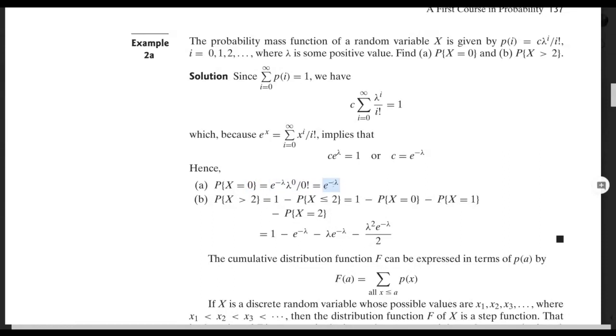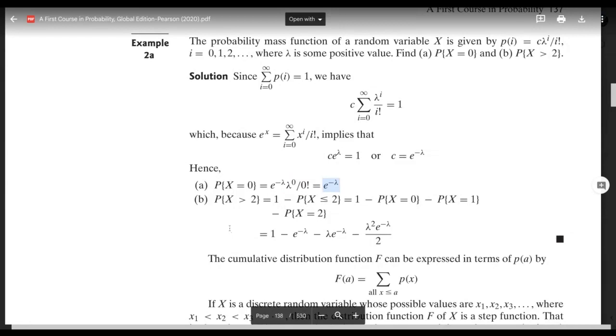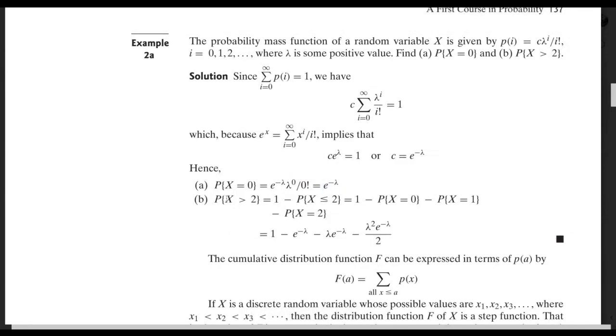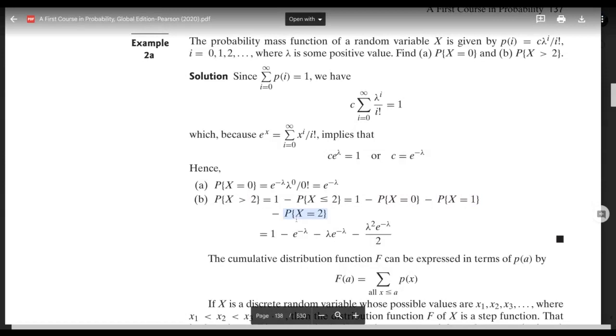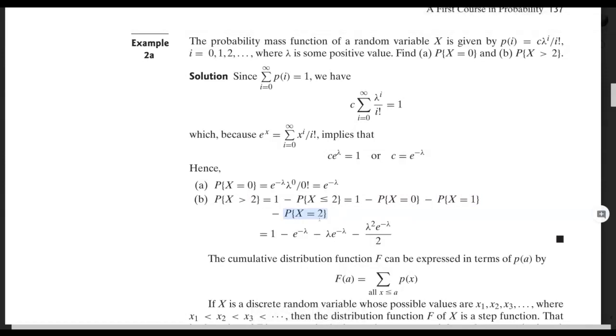That's just e to the negative lambda. Well, for x greater than 2, we want 1 minus the probability of x less than or equal to 2, right? Which means 1 minus the probabilities at 0, 1 and 2, minus those 3.